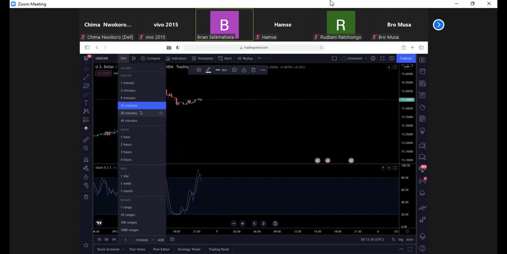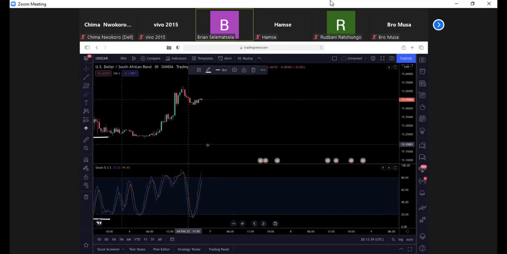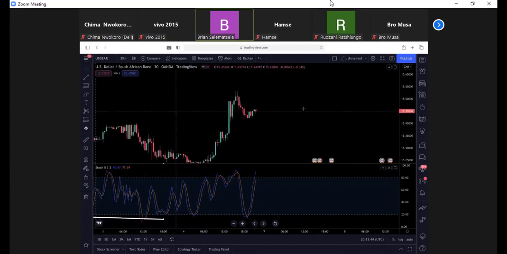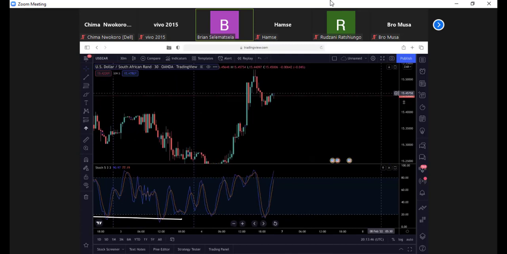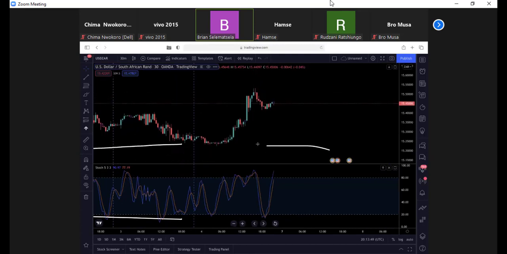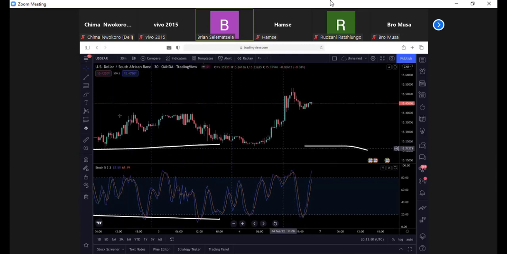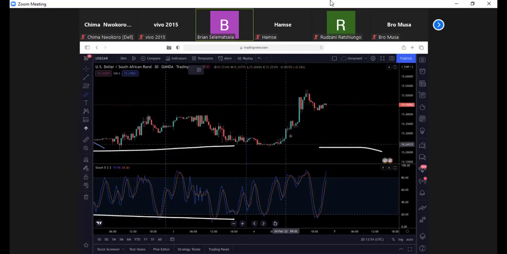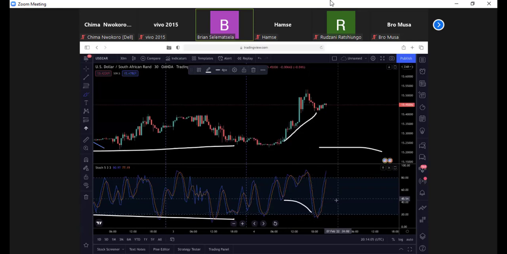Why am I saying that? Because I'm looking at, you guys can see it, a clear divergence, and we're still on a buy. So when the market opens, we still expect this thing to go into more profit. As you guys can see, from this point to that point, from this point to that point, let me check 1 hour.